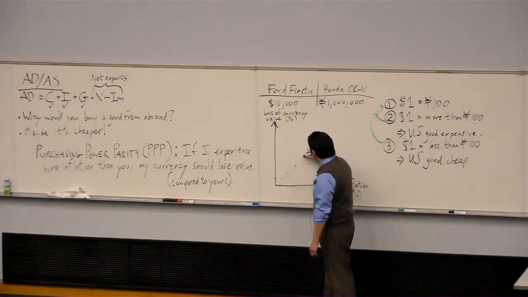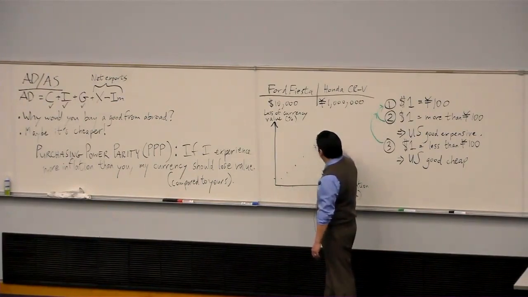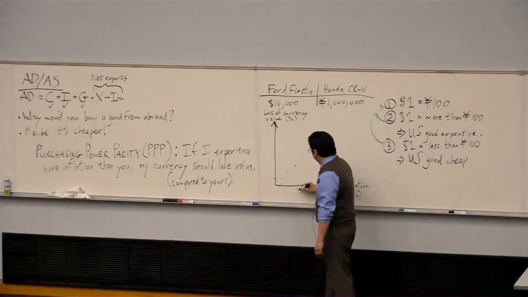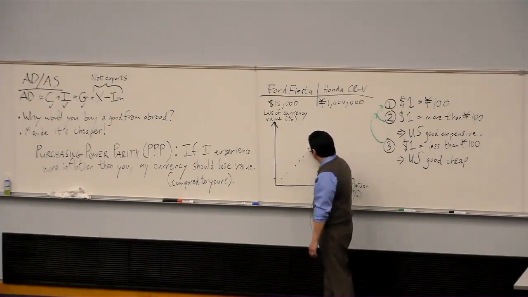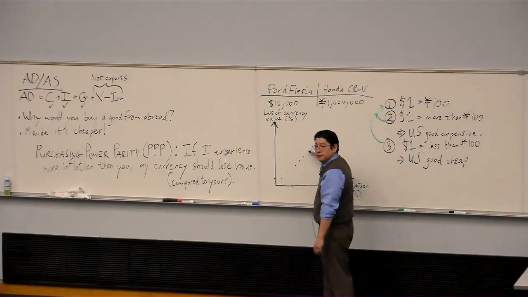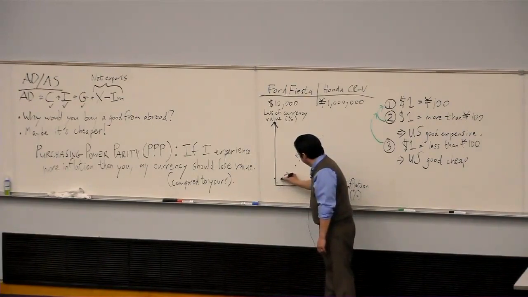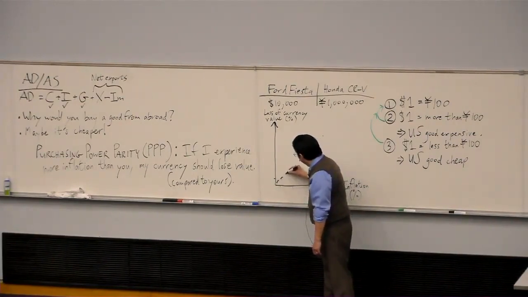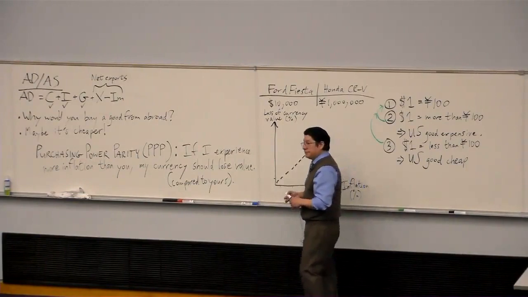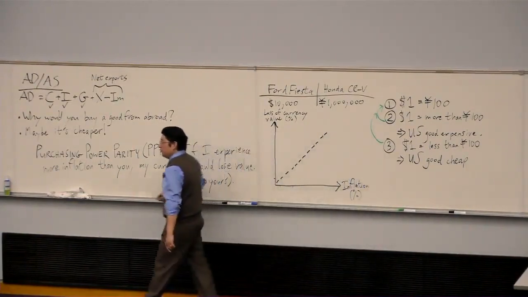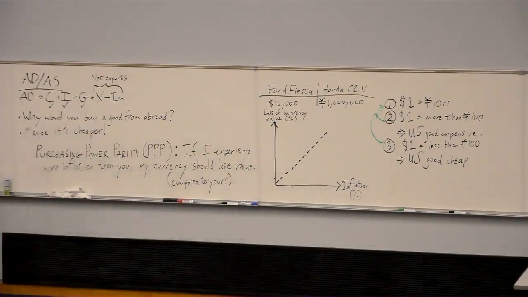And the same for any other place over a particular period of time, right? This value should equal this value. What am I actually plotting out here? This is a 45-degree line, right? The line where the x value equals the y value. So this is what purchasing power parity is predicting, and so this is what we're going to check in the data.